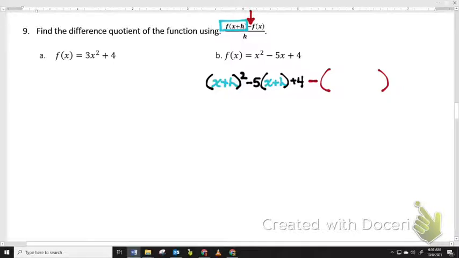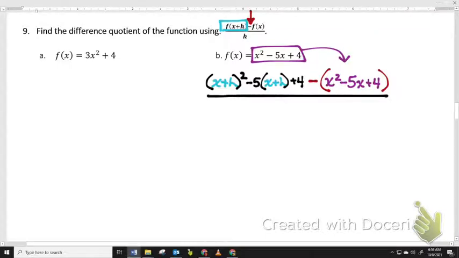And what I put back here is just my function f of x. So exactly as I see it here, I'm going to recopy this after my subtraction sign. x squared minus 5x plus 4, all over h.